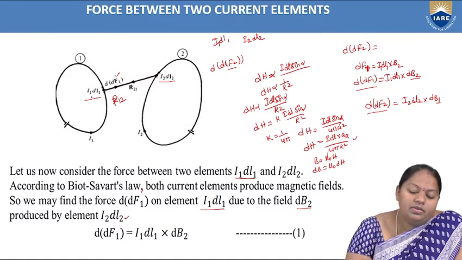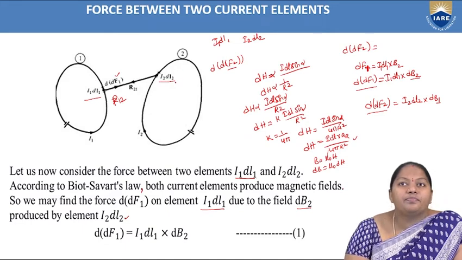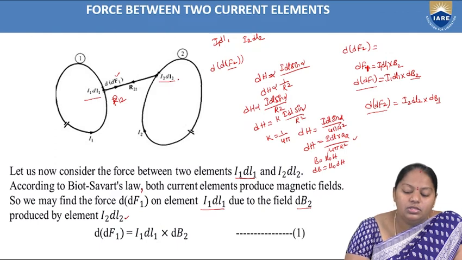The current element is given by I1 dl1 for the first case and I2 dl2 for the second case. Now, we want to find the differential force F1 related to the first current element, or the force related to the second current element, and we want to find the distance from 1 to 2 or 2 to 1.